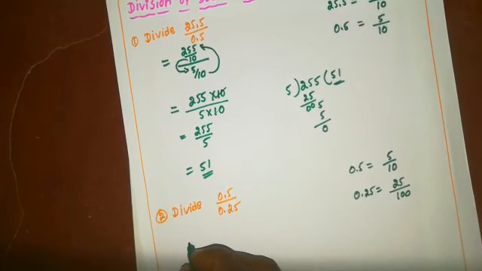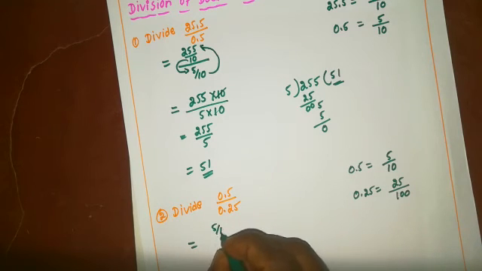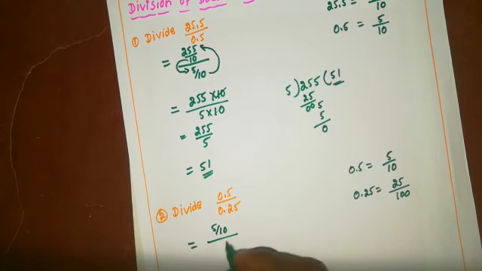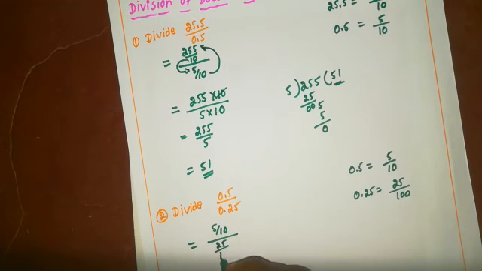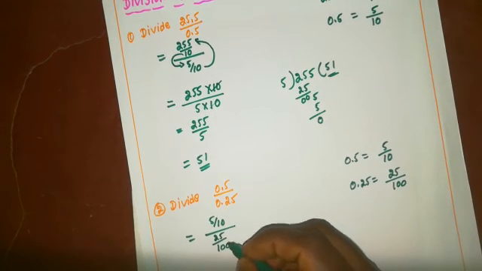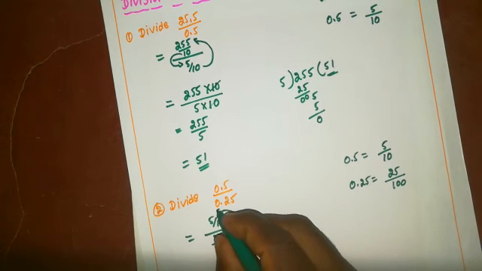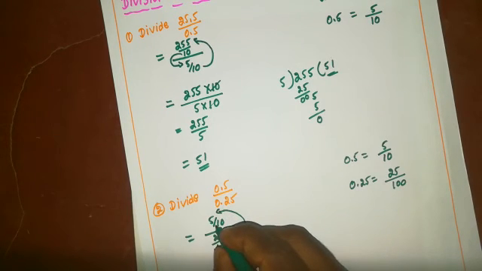Now we can write 0.5 as 5 by 10, whole divided by 0.25 as 25 divided by 100. Now here we have to divide a fraction by a fraction. We know that the denominator of the denominator goes to the numerator, and the denominator of the numerator comes to the denominator.